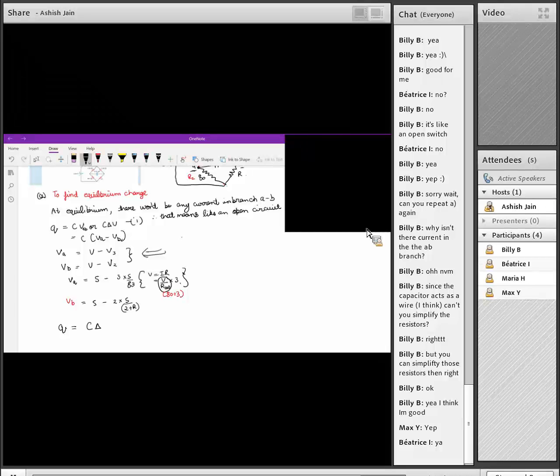Q at equilibrium is C delta V. C is given as 3 microfarad, so 3 into (VA minus VB), that is 3 into [(5 minus 3 into 5 by 83) minus (5 minus 2 into 5 by 2 plus R)].